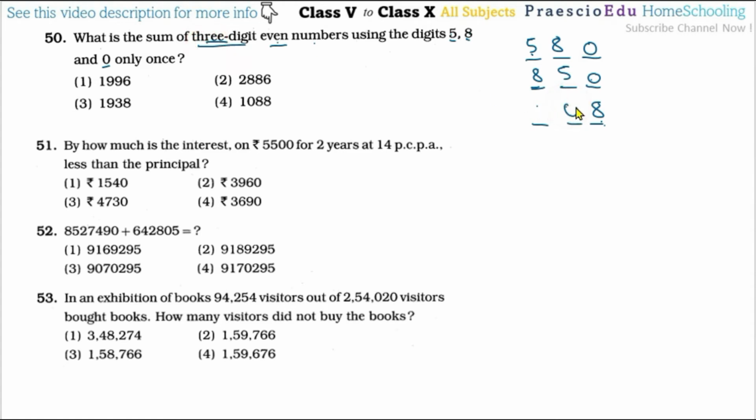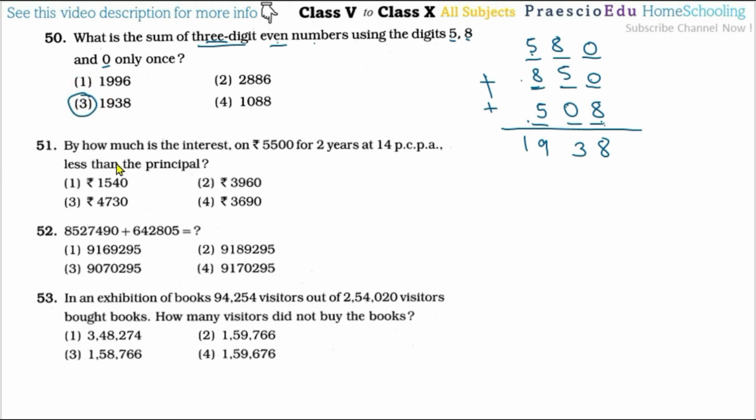So that's why we will consider 0 here and 5 here. Only this number we can form with 8 at the unit place. So 1, 2 and 3 numbers forming. Now we add all these 3 numbers. After this addition, 1938 means option number 3 is the correct one.